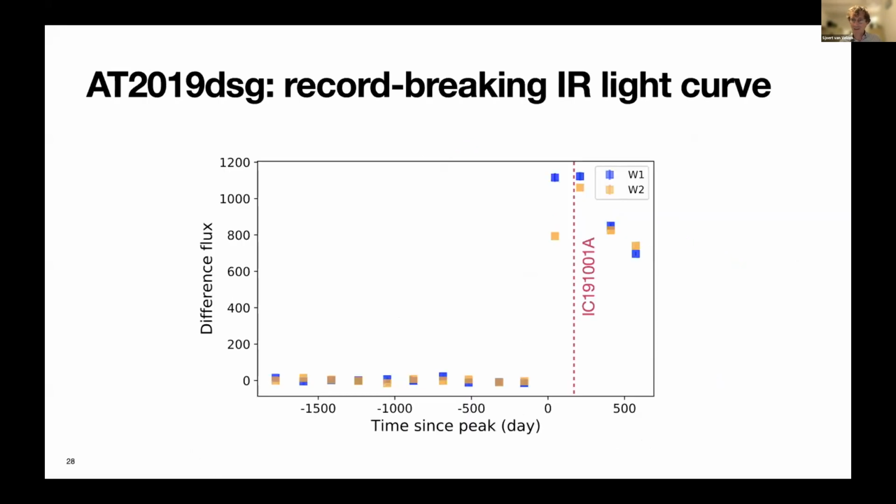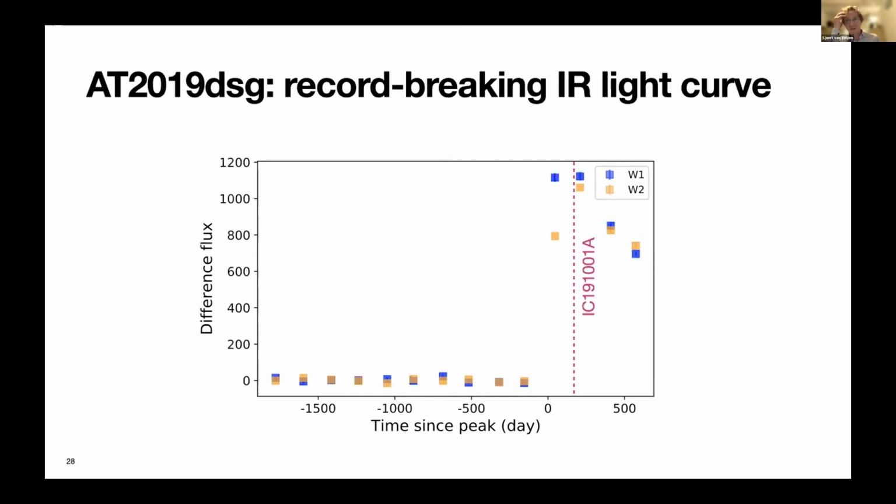And then we started to gather more data for this source after that paper was published, because the NEOWISE data of this transient was released. And we noticed that this has the most extreme dust echo in all of the ZTF nuclear transient survey.